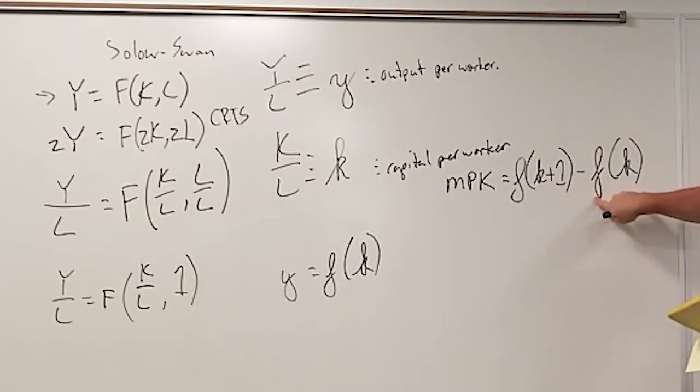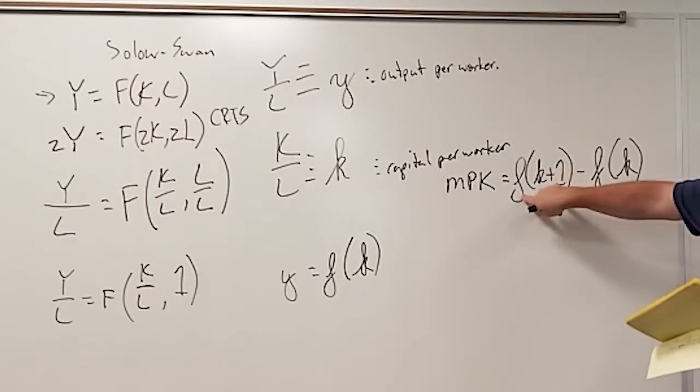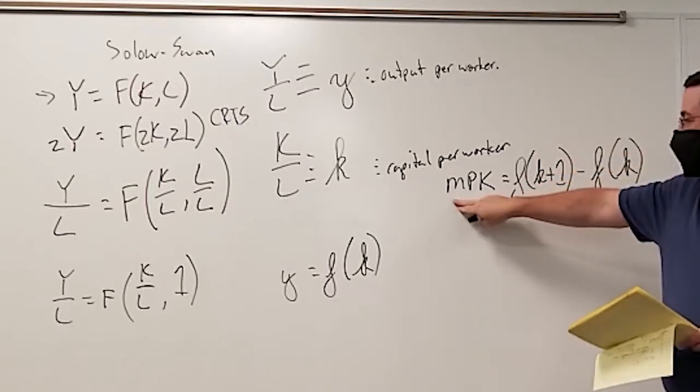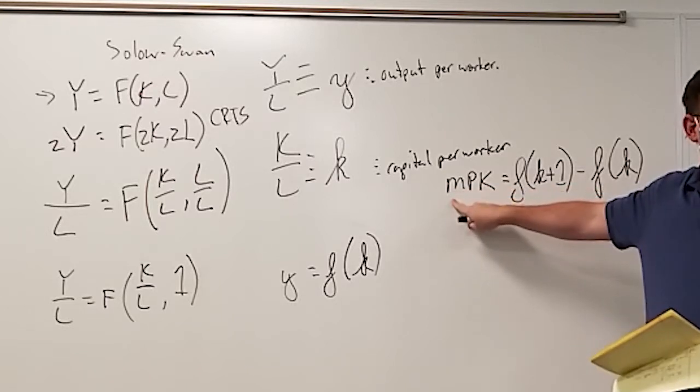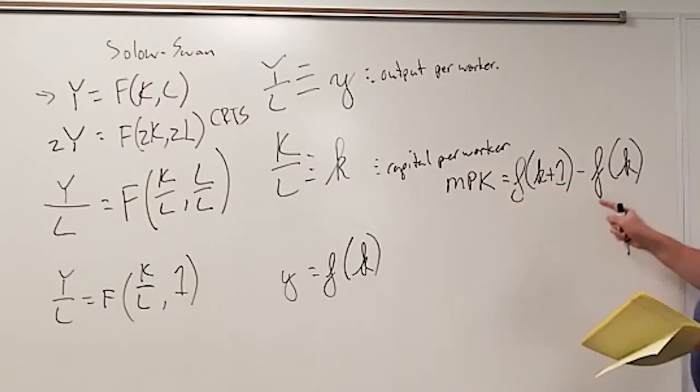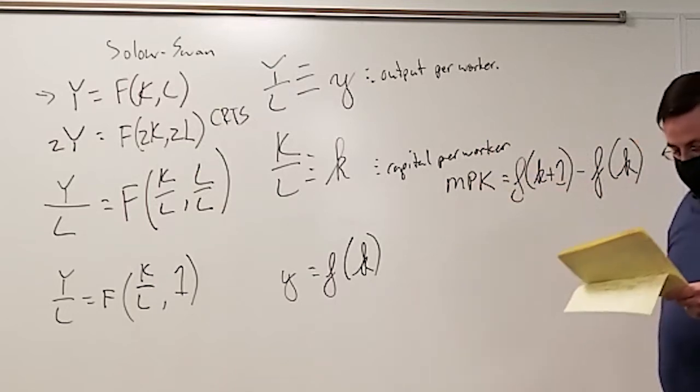So this is how much capital we started with. We're going to add one more unit of capital. How much more stuff did we get out of it? By adding one more unit of capital, more stuff, that's the marginal product of capital. A little bit more capital, a little bit more stuff coming out.